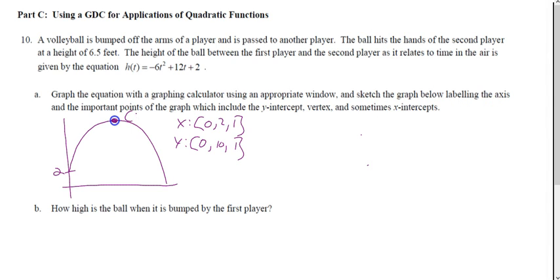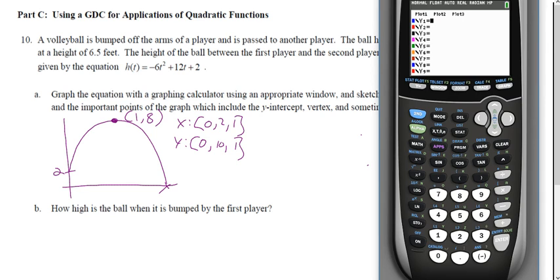X is 1 and Y is 8. 1, comma 8. And we got this x-intercept here. I'm going to retype this, I guess.